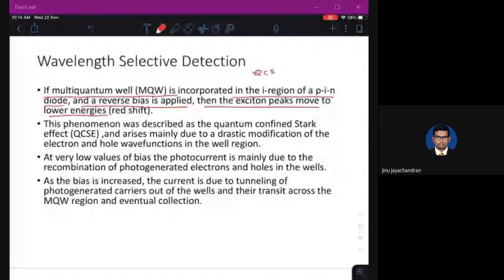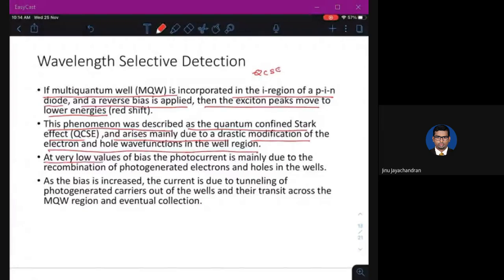We know that when you have multiple quantum wells and reverse bias is applied, the band gap will reduce, which means the absorption will be on the higher wavelength side, mostly the red shift. This phenomenon arises mainly due to drastic modification of the electron and hole wave functions in the well region. This is all we have seen.